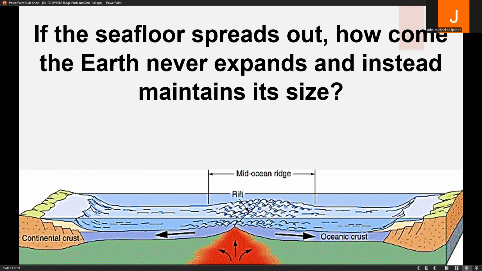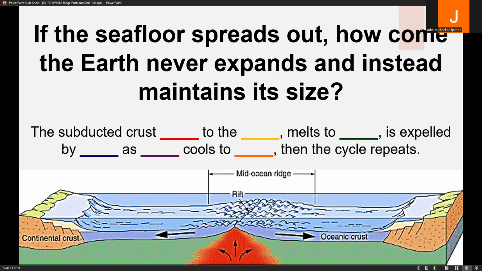Never siyang lumaki, never rin siyang lumiit. The answer lies in slab pull. So what is it with slab pull that allows the Earth to maintain its size despite the presence of seafloor spreading?